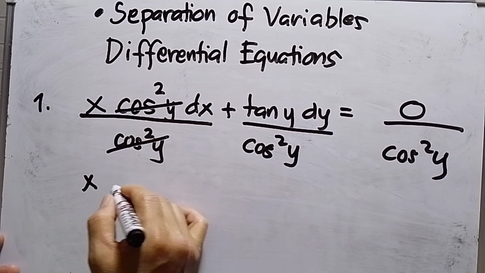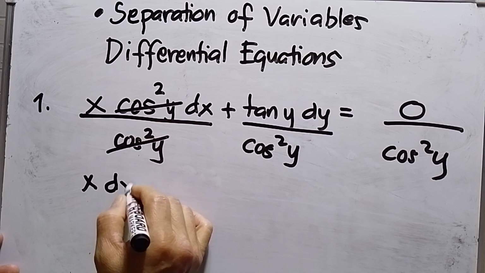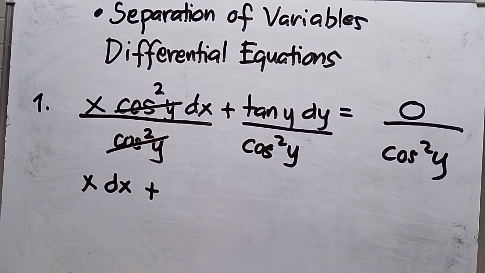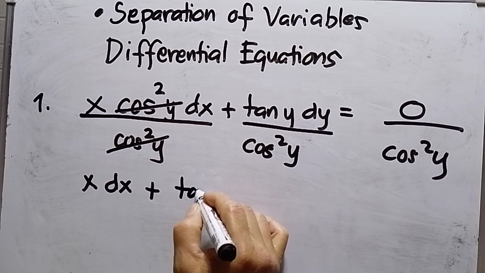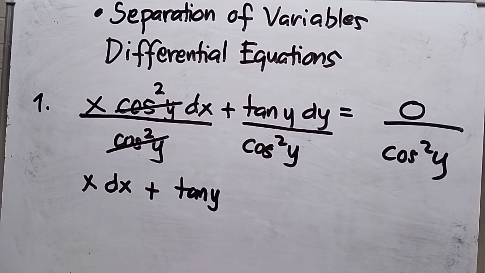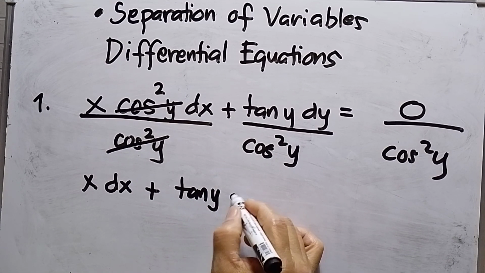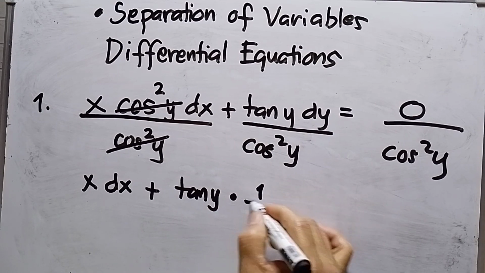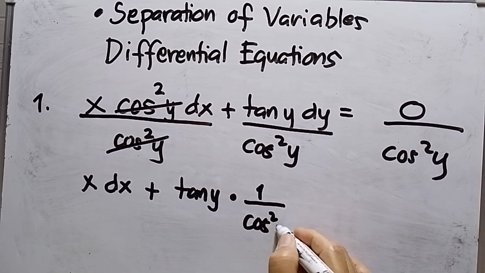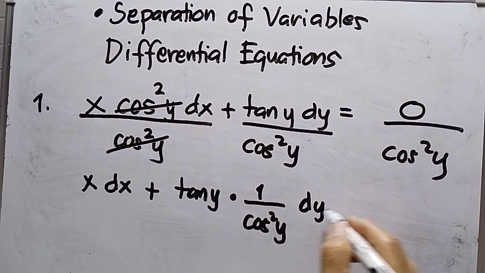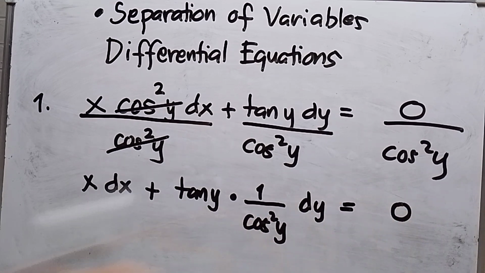So I have x dx plus tangent y, I can write this one times 1 over cosine squared y dy, and then this is equal to 0.